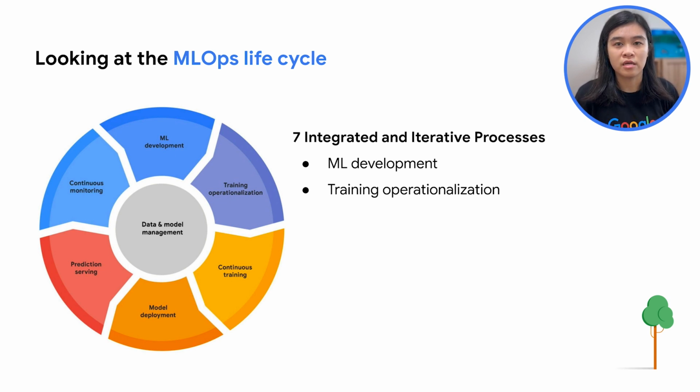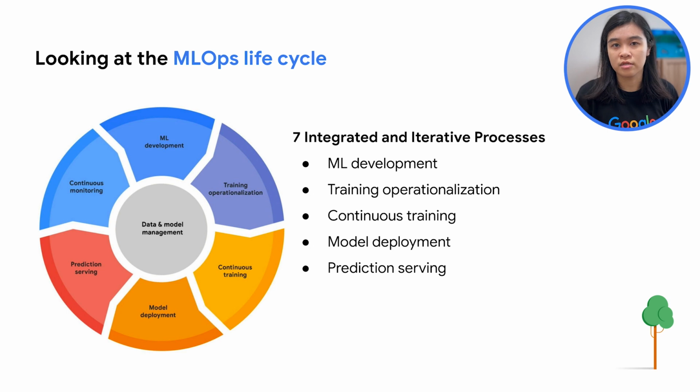When your pipeline is up and running, you can conduct continuous training whenever there is fresh data or based on any custom metric that you set. The next step would be to deploy your model to a serving environment and prepare your model to serve predictions. As your model is in production and serving clients in real time, you will need to continuously monitor your model for any data drift or performance degradation so that you can intervene when needed.